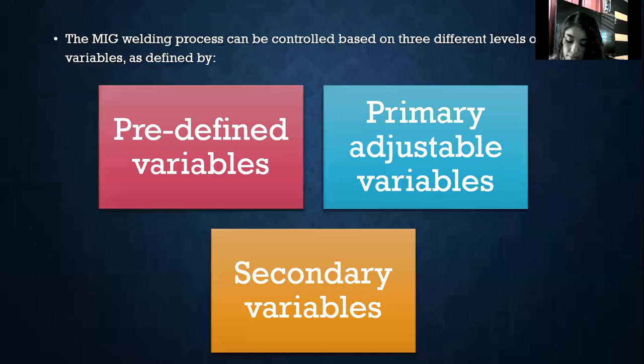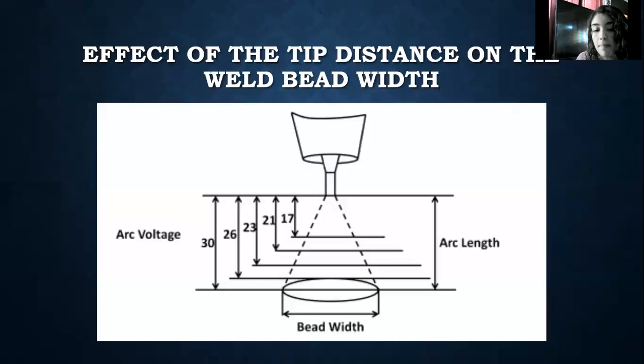And also the secondary variables, which are the distance to the welding pool and its nozzle angle. These variables are important in the process. And the effect of the tip distance on the weld bead width. The tip is like the electrode, but in MIG.